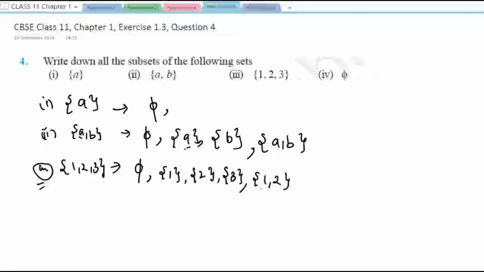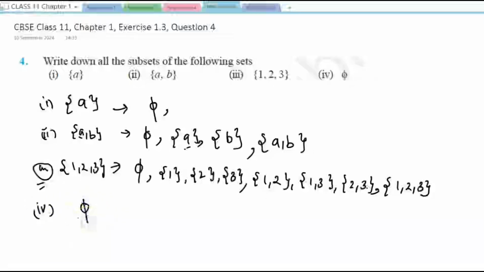What are the possible pairs? {1, 2}, {1, 3}, {2, 3}. You cannot make any other subset with 2 elements of this set. And then the set of 3 elements, or the set of all elements. Okay.